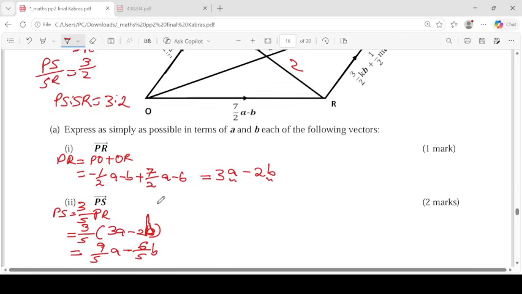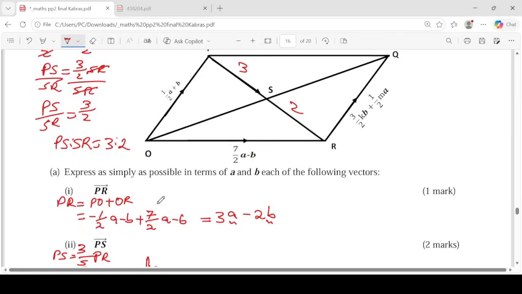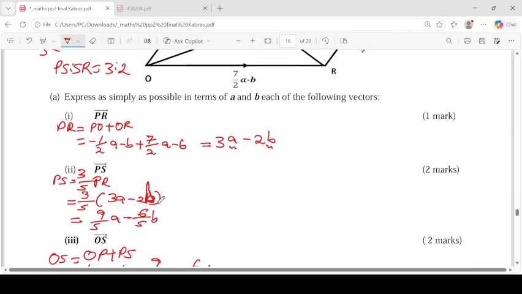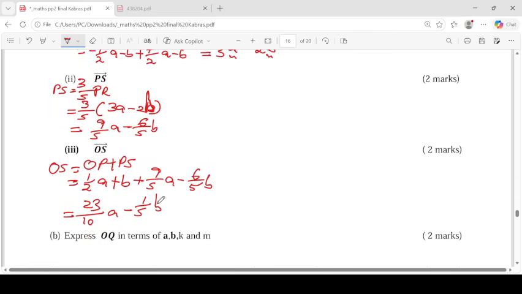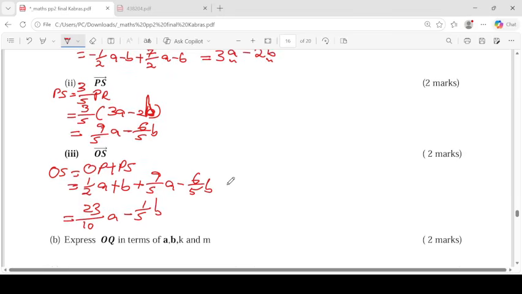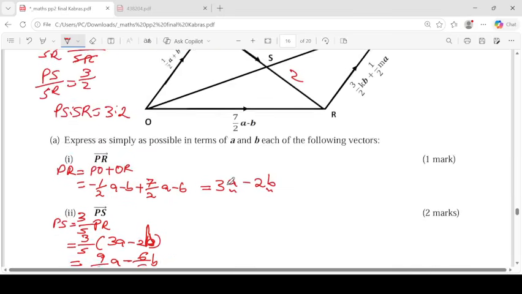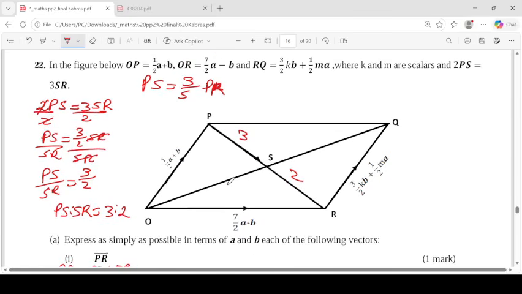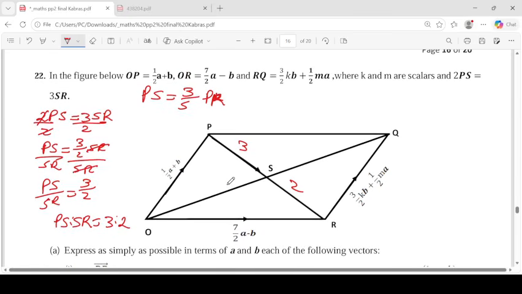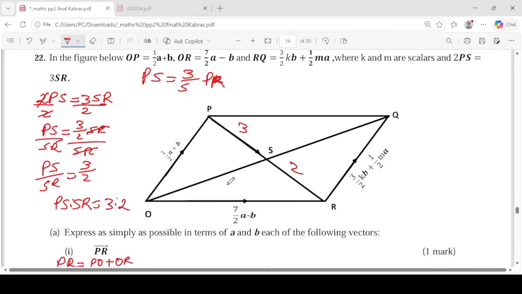I have OS. And if I've gotten my OS as 23 over that, I'm just trying to see. Do we have anything that is giving us a hint on what should be done?